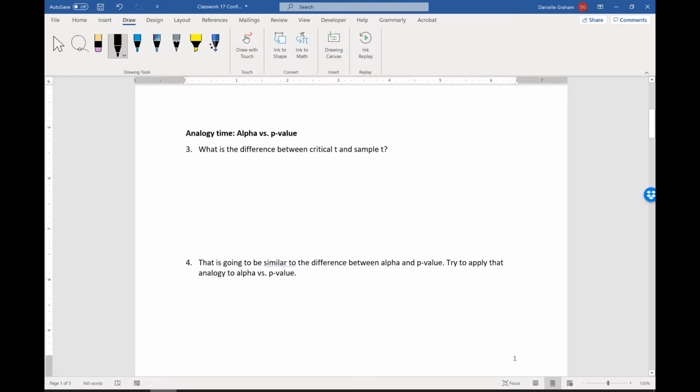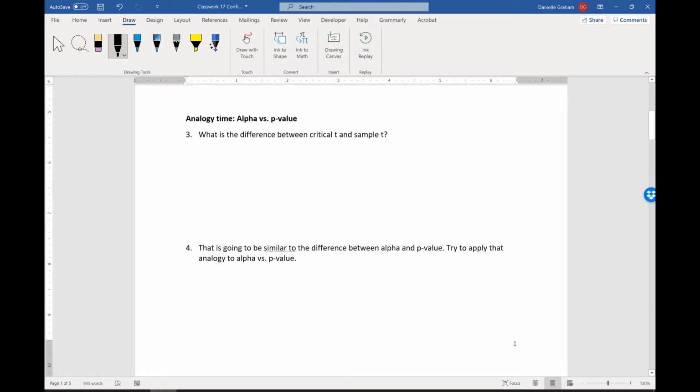Okay, so what's the difference between our critical t and our sample t? So the critical t is really our foul line. So this is a set boundary that is going to basically help us make a judgment about whether something is in or out.